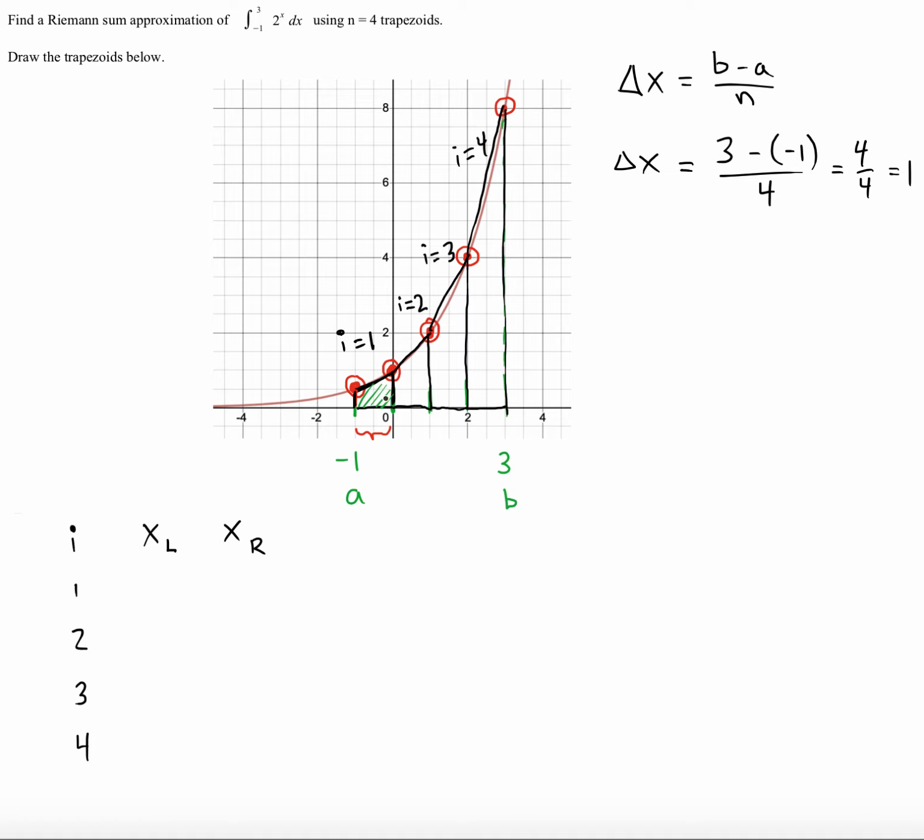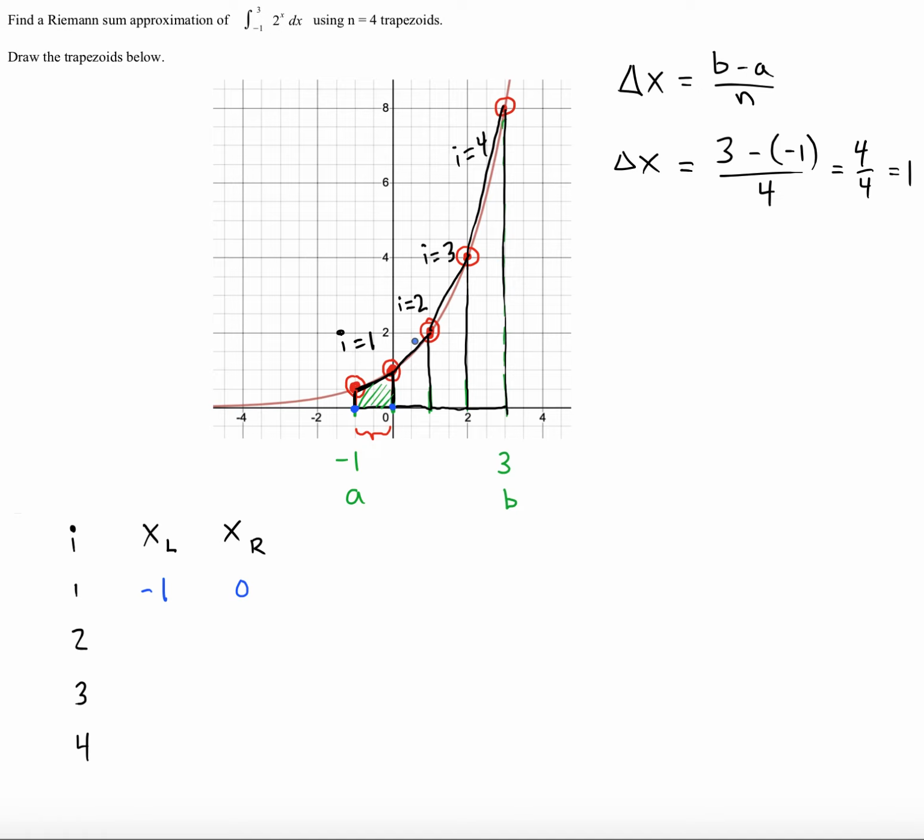So for the first trapezoid, the position of its left side is at x equals -1. That's this point here. And the right side of it is located on x equals 0. Those are two numbers that are really important to that trapezoid, the left side and the right side.